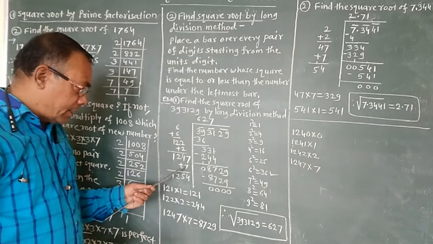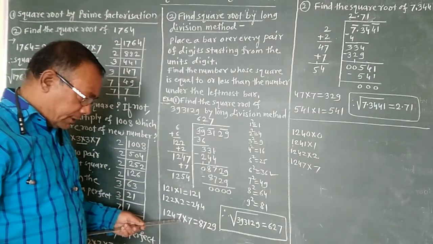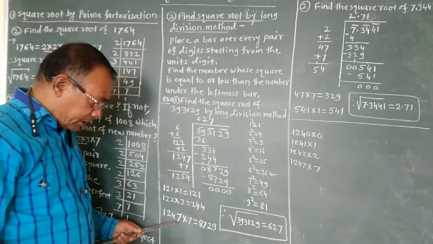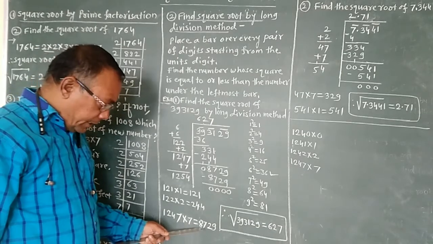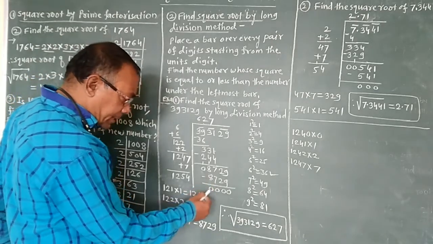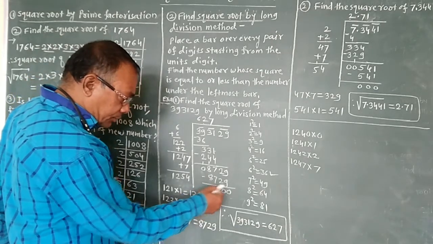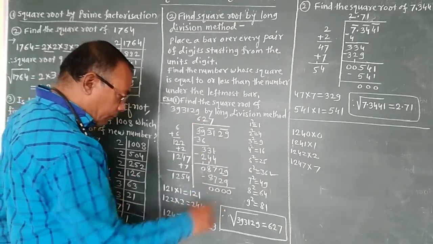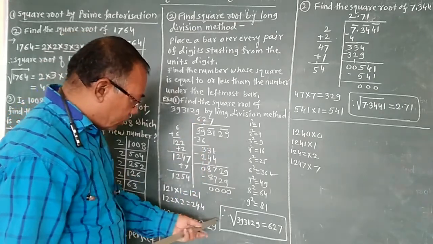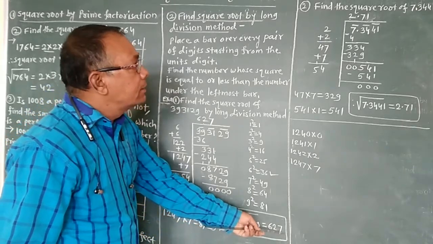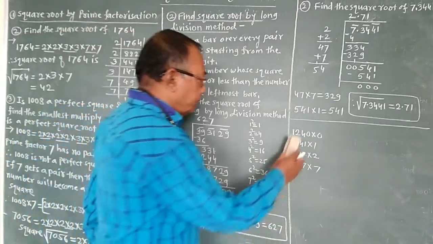Here I have taken 7, so 7 sevens are 49, and 1247 times 7 is 8729, and the subtraction is 0. In this way, we have found that the square root of this number is 627.